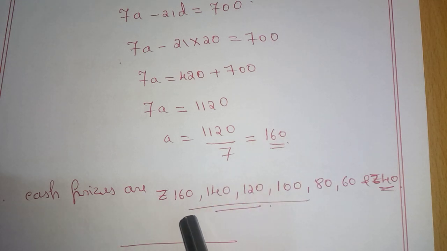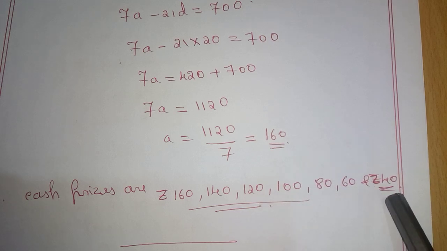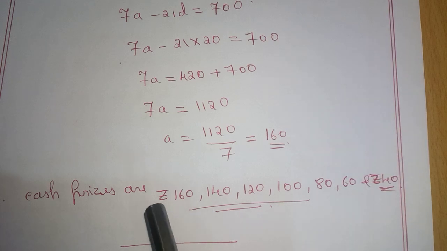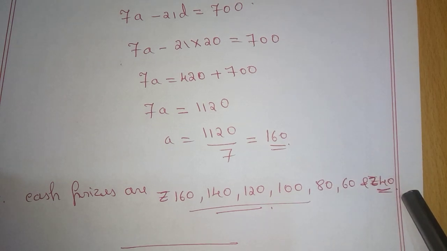Therefore, the cash prizes are 160, 140, 120, 100, 80, 60 and 40. Total 7 prizes. 1, 2, 3, 4, 5, 6, 7.